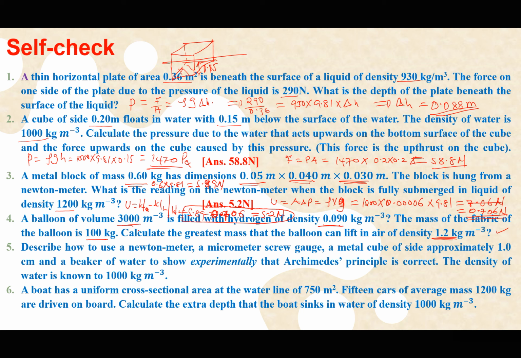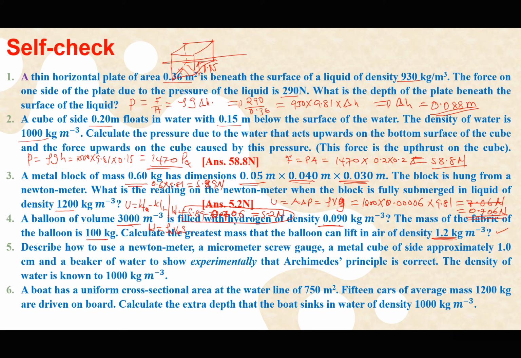Just to give you a hint, the upthrust on the balloon will be equal to the density of air times the volume of the balloon times g. But remember, the upthrust on the object is equal to the weight of the fluid it displaces.